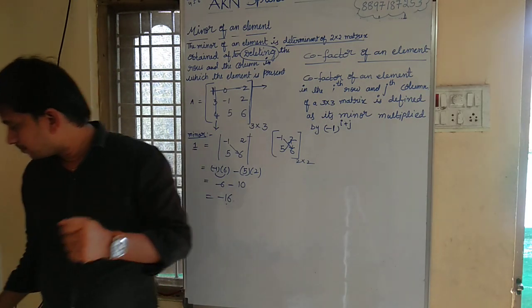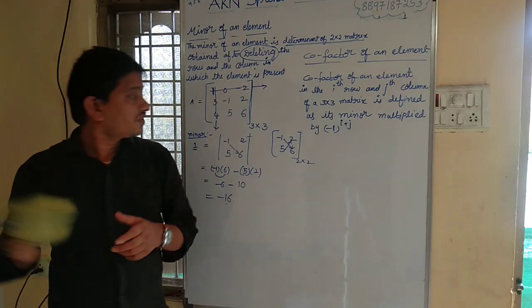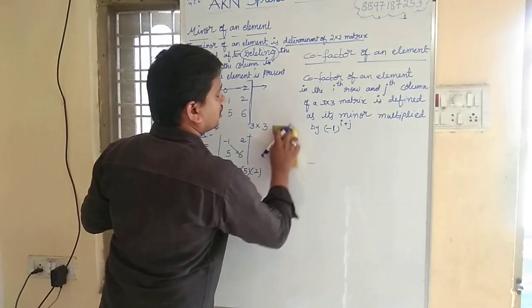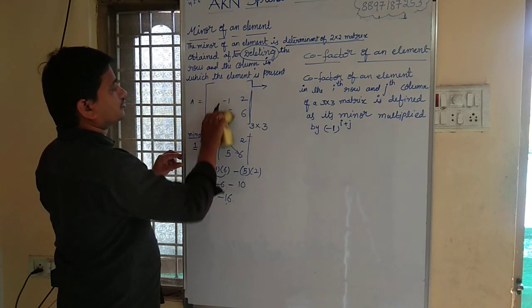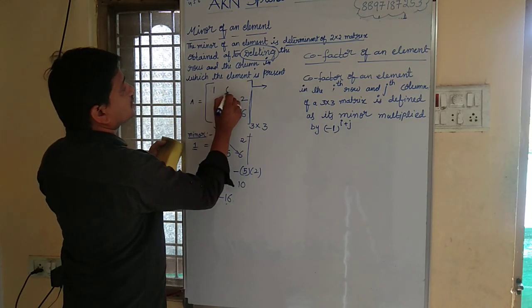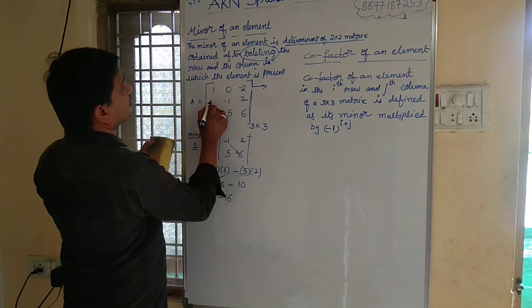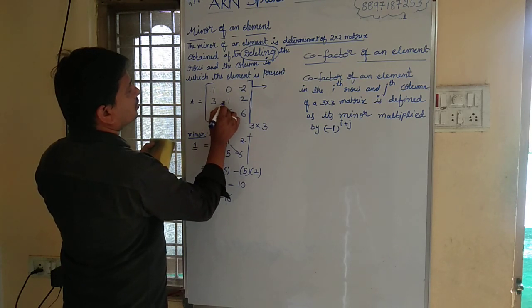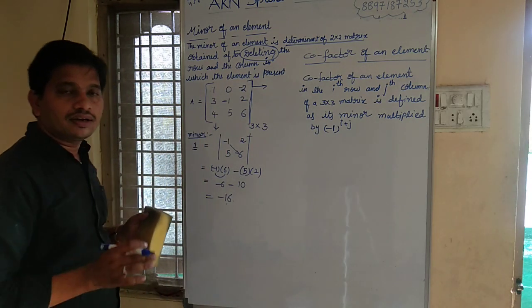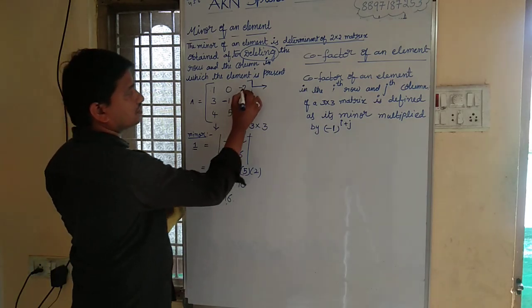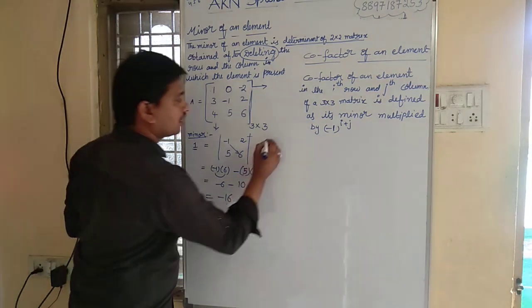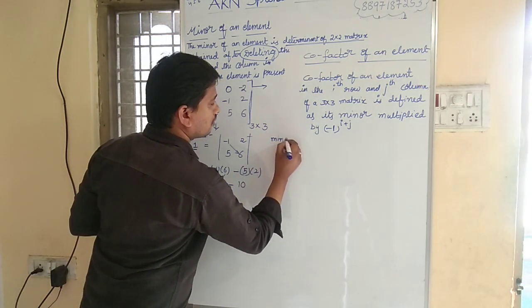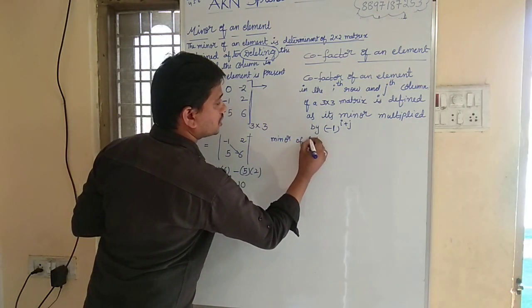Okay, let us find one more minor. This is the matrix 1, 0, -2, 3, -1, 2, 4, 5, 6. Children, let us find the minor of the element 0.